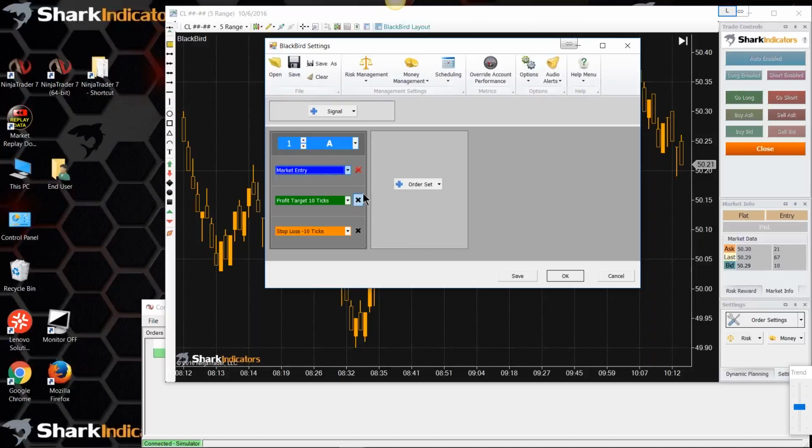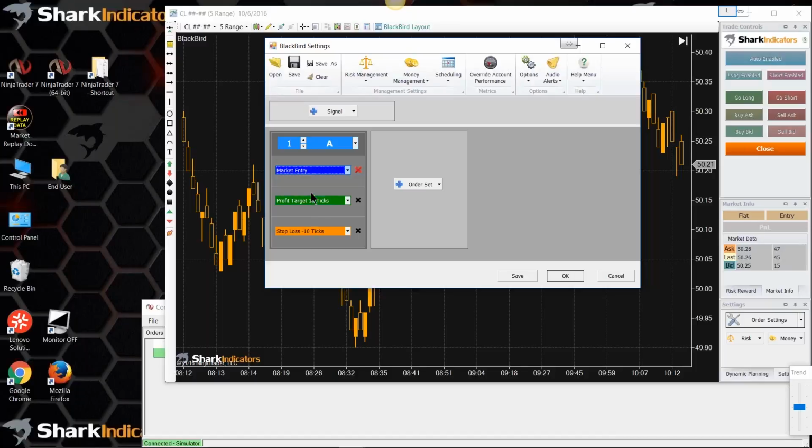So now, just to reiterate, the OCO part of this is the bottom two orders, right? Your profit target and your stop loss are part of the OCO set. That is what's OCO'd together, I guess you could say.